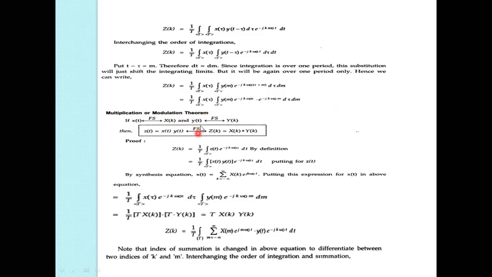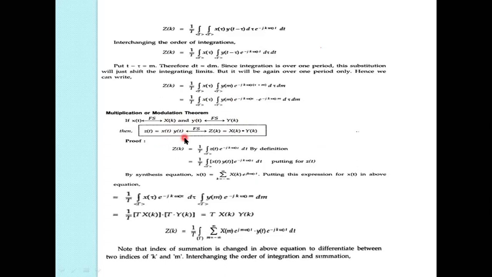For that, applying the Fourier series of x of t times y of t gives the convolution of the two frequency sequences. For x of t, x of k is the Fourier series coefficient. For y of t, y of k is the Fourier series coefficient. And x of k convolved with y of k corresponds to the multiplication of x of t and y of t.